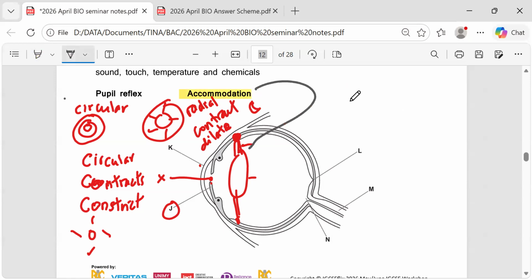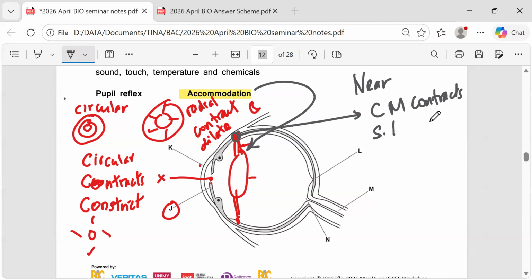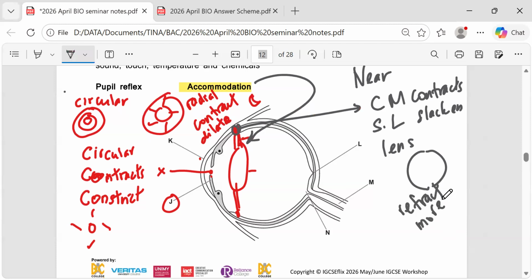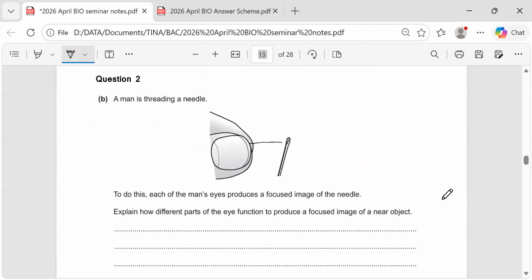Accommodation is when you're looking at near things: the ciliary muscle contracts, the suspensory ligaments slacken, and the lens becomes more convex, round and fat, and light will refract more. Which is what you need to write over here.